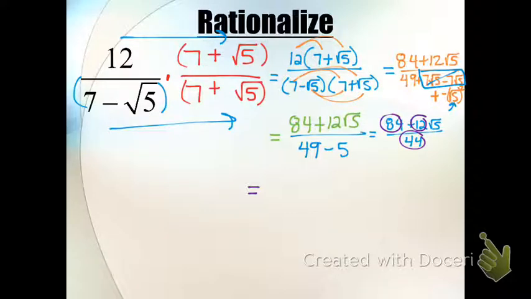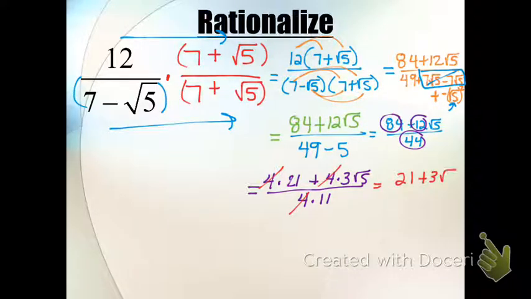So if I do 84 divided by 4, that would be 4 times 21. And then if I do 12 divided by 4, that would give me 4 times 3. And 44 divided by 4, that would be 4 times 11. And then that allows me to cancel out all of these 4s. And then my final answer for this one would be 21 plus 3 root 5 over 11.